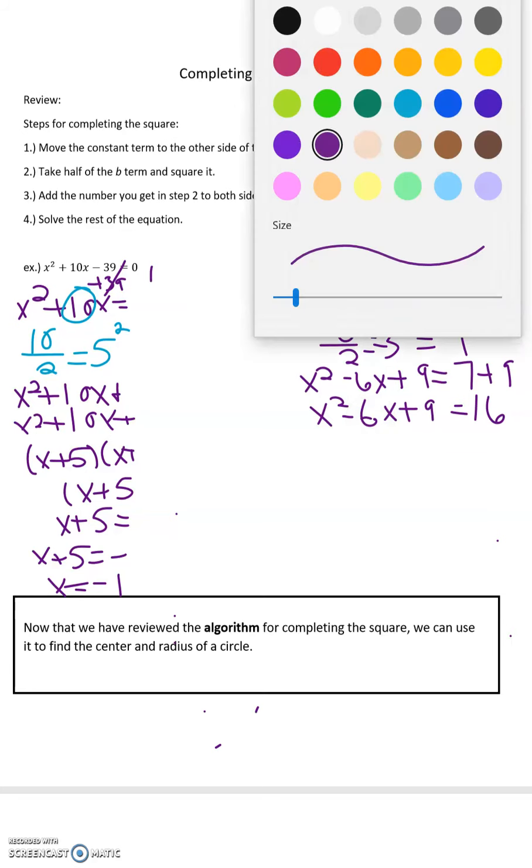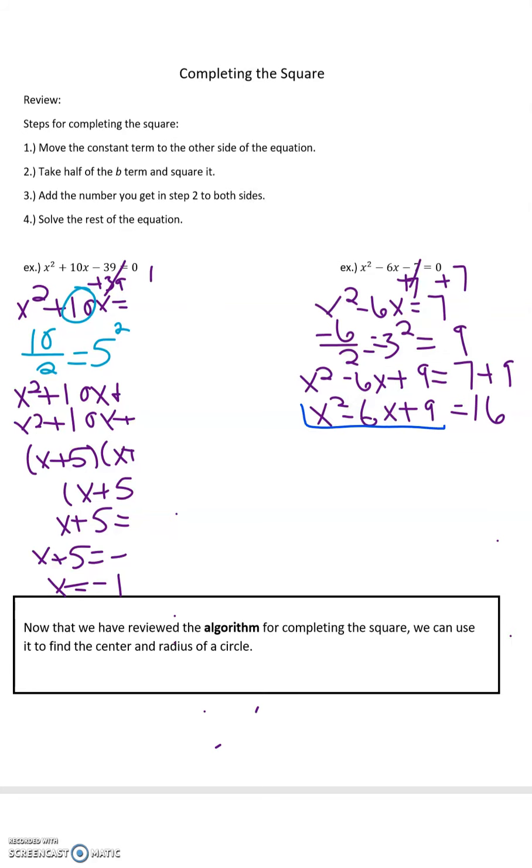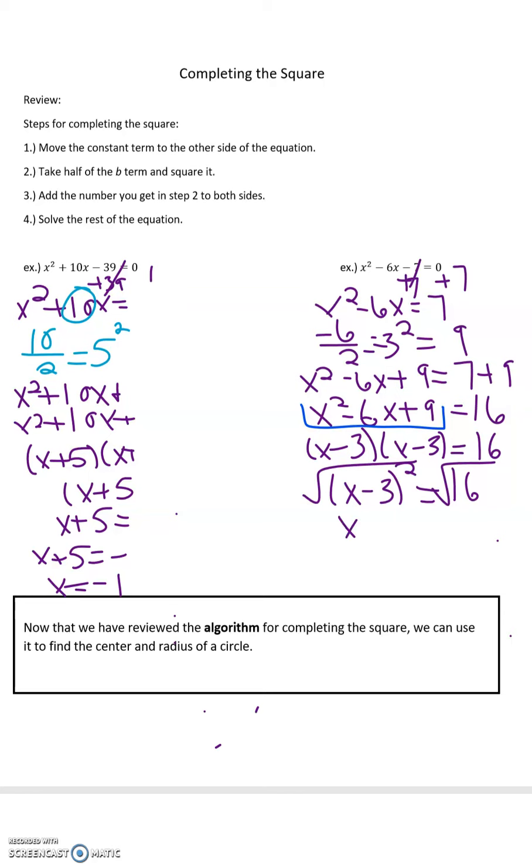Again, we're factoring this trinomial. That's going to be x minus 3 times x minus 3, which is the same thing as x minus 3 squared. Taking the square root of both sides, we get x minus 3 equals plus or minus 4.